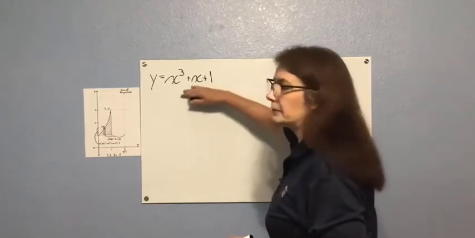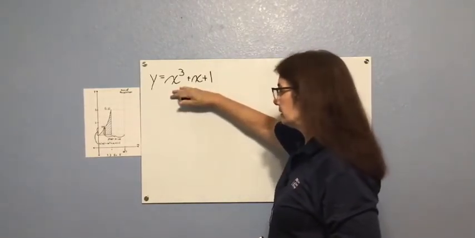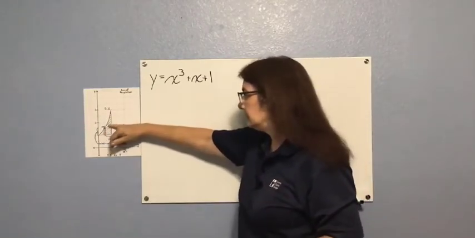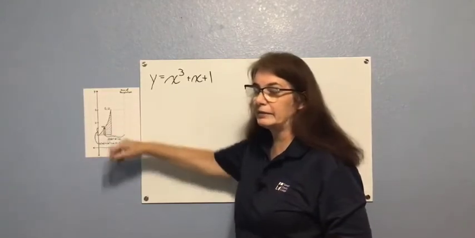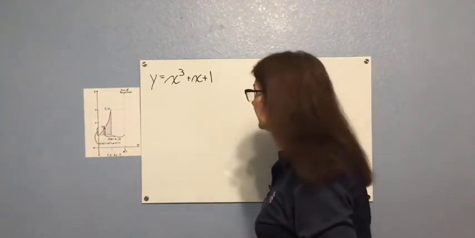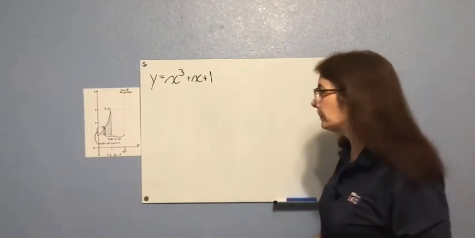And I think you can see pretty easily that trying to solve this equation for x so that I could use the disk method and have a perpendicular representative slice would be a lot of work. So instead of that, we're going to use the shell method on this one.